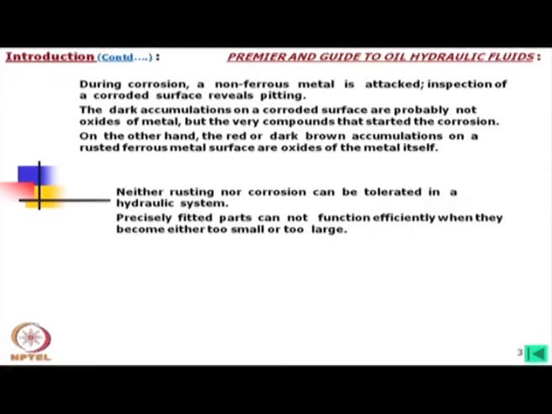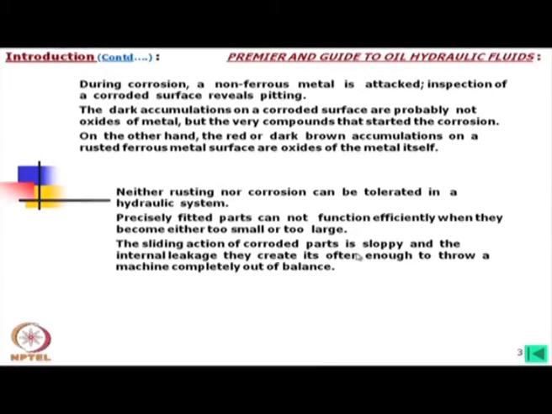This means that due to corrosion, if some material wears out, the part will become small, and if it is rusted, then it becomes large. Too small or too large in that sense, not very big or very large.